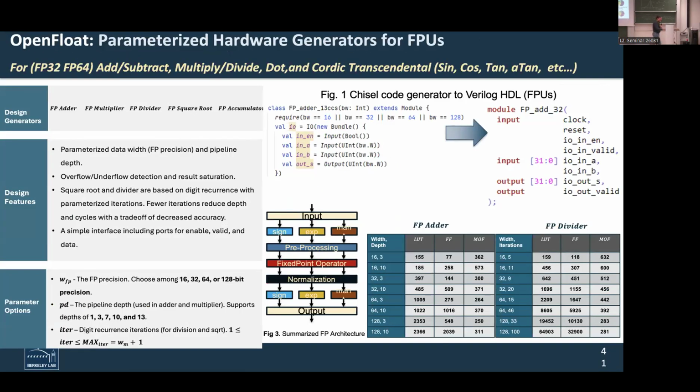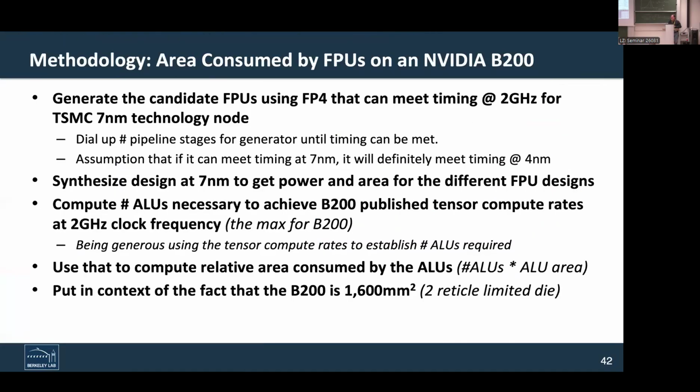So we wanted to see also how much area these things consume, and we don't have direct access to their IP, so we have a floating point hardware generator called OpenFloat. We generated candidate FPUs for FP4 through FP64, and made sure we had enough pipeline stages to meet timing at 2 gigahertz at 7 nanometers, trying to duplicate what they have in the B200.